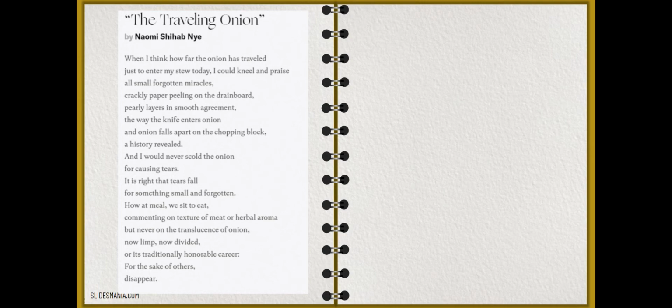The words the author's using are trying to create this sense of respect for this onion. And the words small, forgotten, and miracle are helping me understand that while onions may seem insignificant or purposeless, I am seeing them as incredible in this poem.